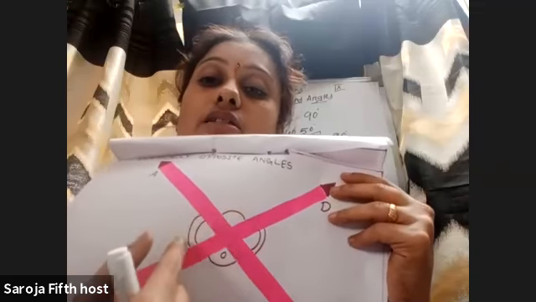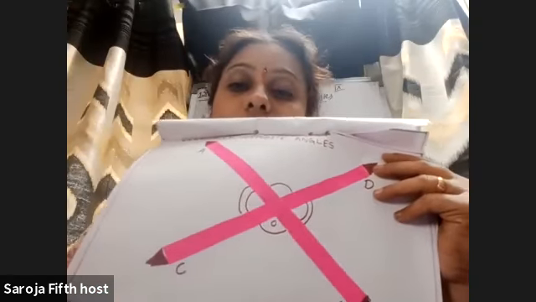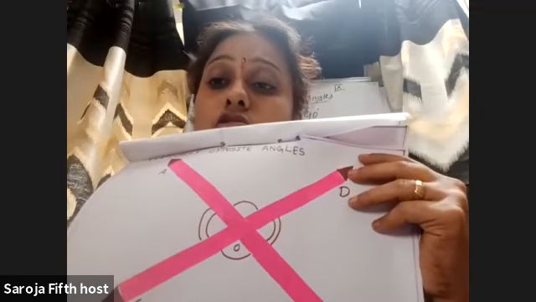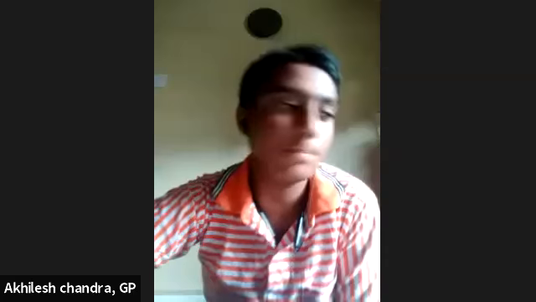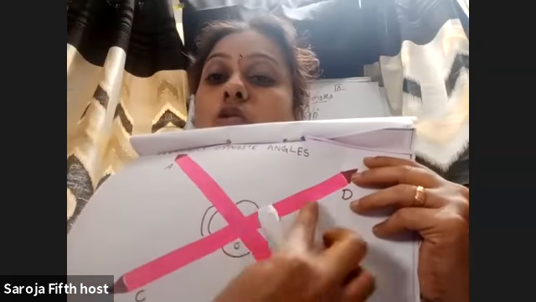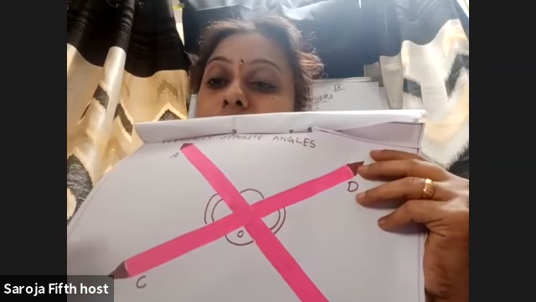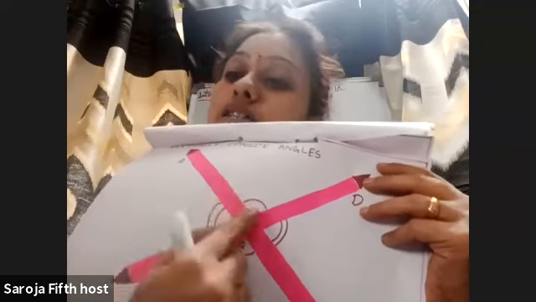So if they are not opposite, which type of angles are those? Linear pair. Very good. They are a linear pair, and you can take them as adjacent angles also. They have a common vertex O, a common arm OA, and the other two arms OD and OC are opposite in direction, right?